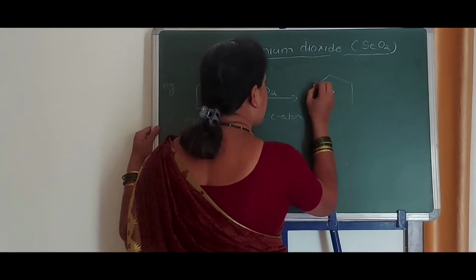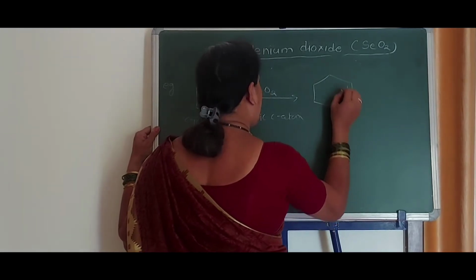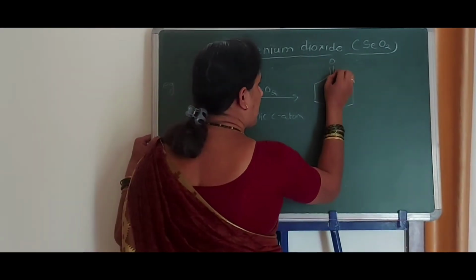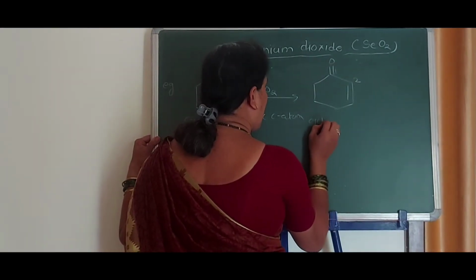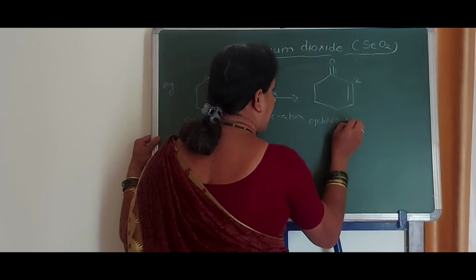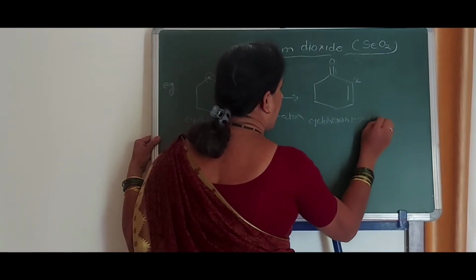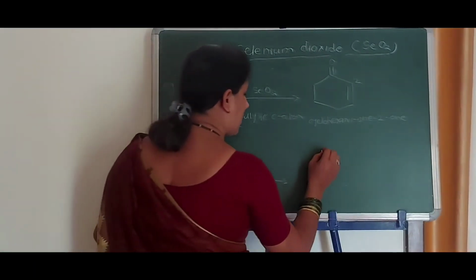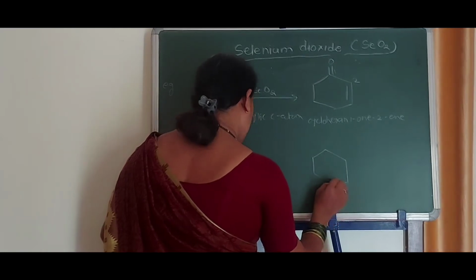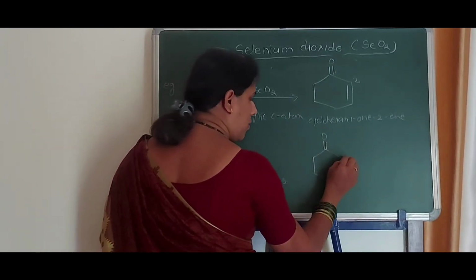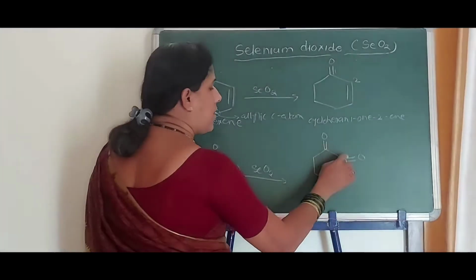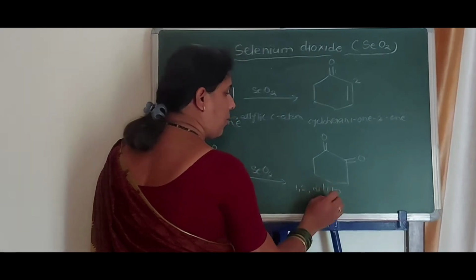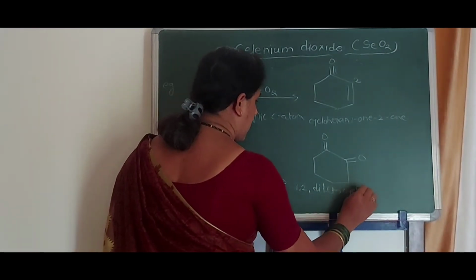The product formed is the required compound with C double bond O. The name of this compound is cyclohex-2-en-1-one, and the required product is 1,2-diketo cyclohexane.